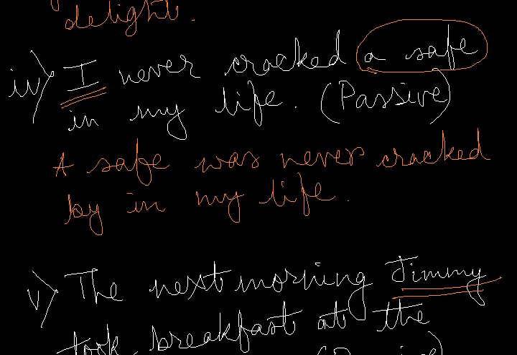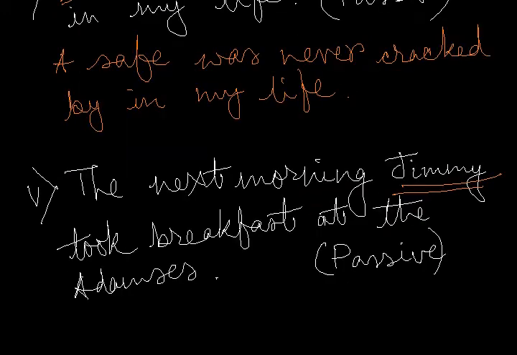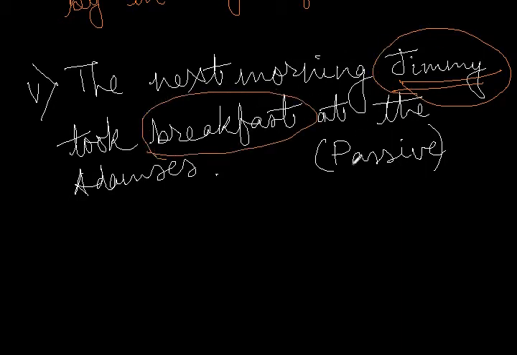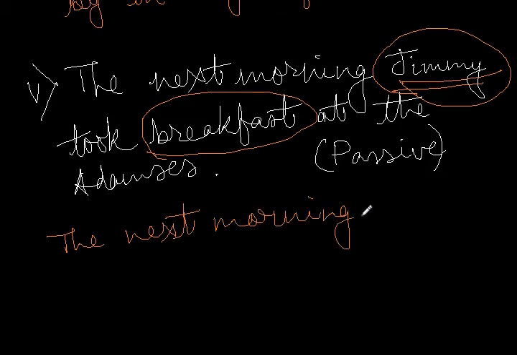Let us move on to the last sentence of this exercise, sentence number 5. The next morning, Jimmy took breakfast at the Adamses. So Jimmy and breakfast, these two will interchange positions. We will begin the sentence with the next morning. The next morning, breakfast.